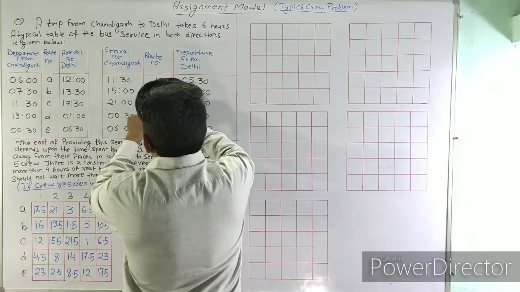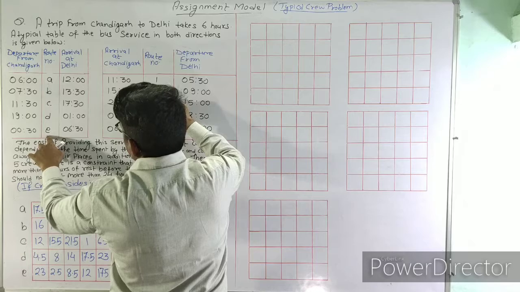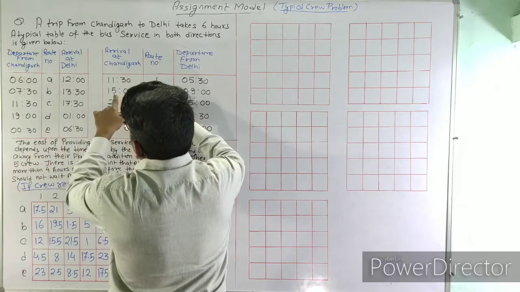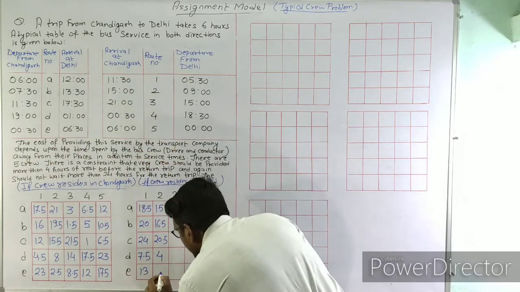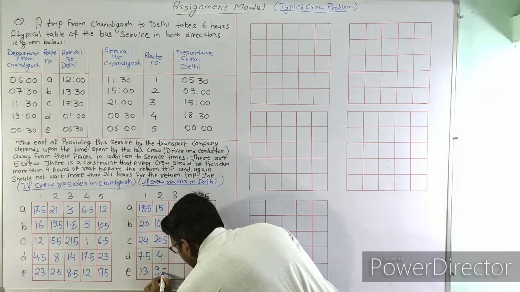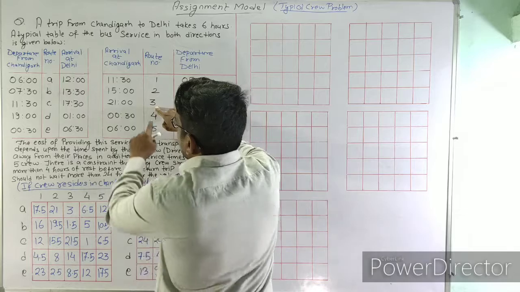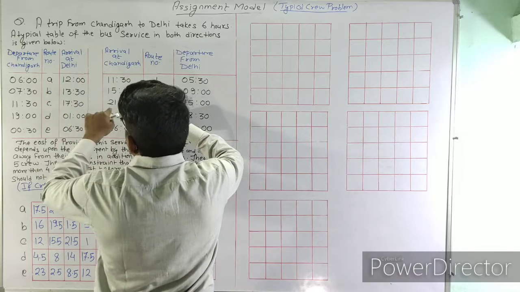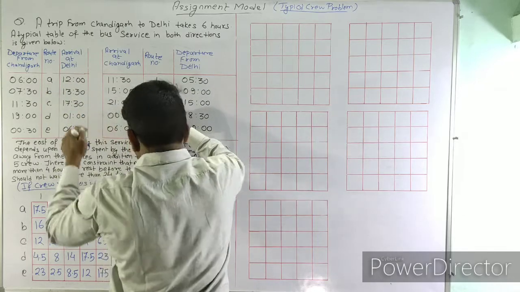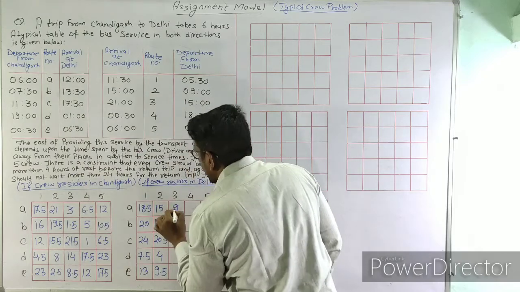If it arrives from route 2 and departs from route E, it will be plus 9, 9.5 hours. Similarly, if the crew arrives from route 3 and departs from A, the time here will be 3 plus 6, 9. This will be 9 hours.